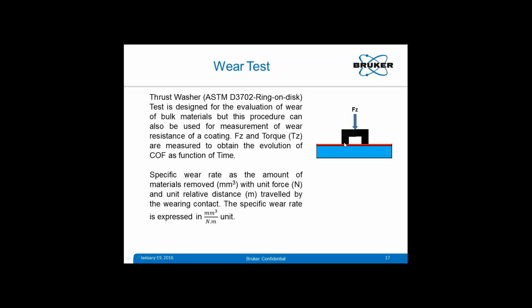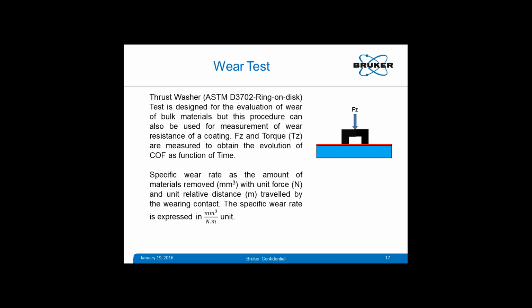There is a ring which comes on a disc. This could be a bulk material or it could be a coating too. The disc is rotated and the force is applied. And wear happening on the disc, or in some cases the ring, is measured to find out the wear resistance of this particular material.